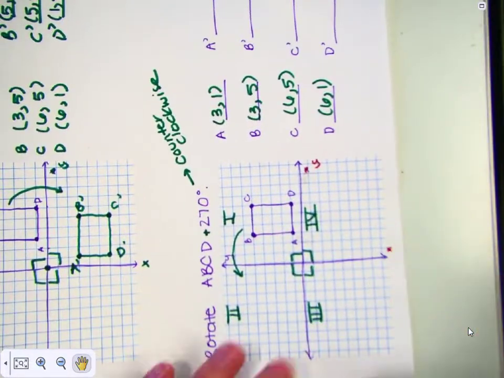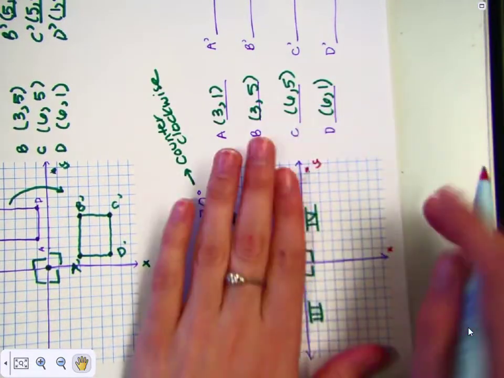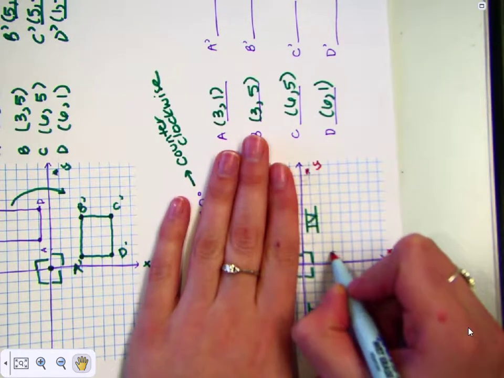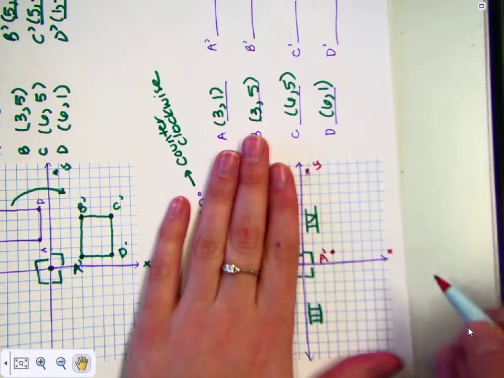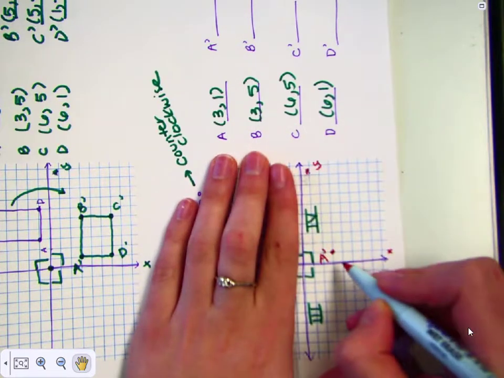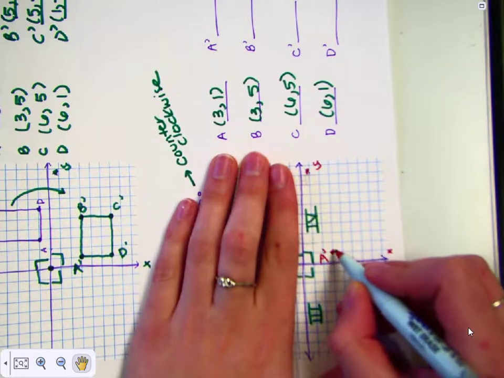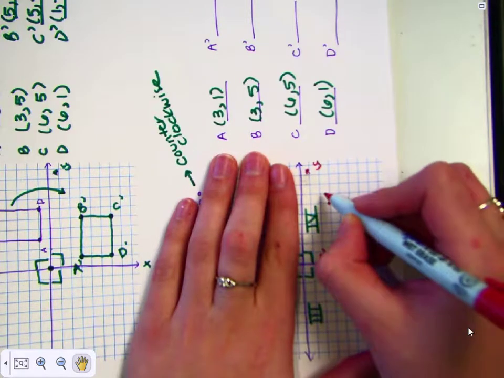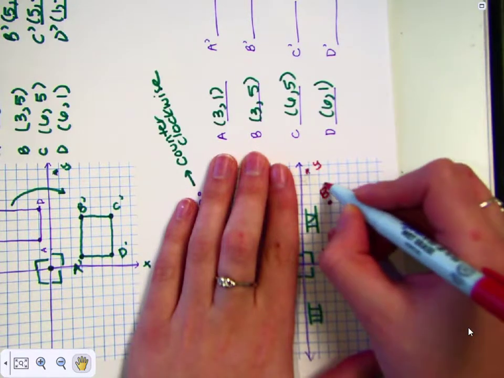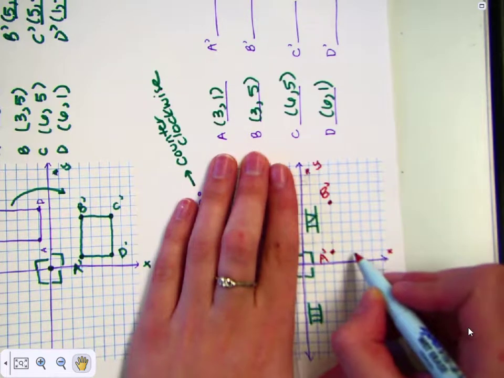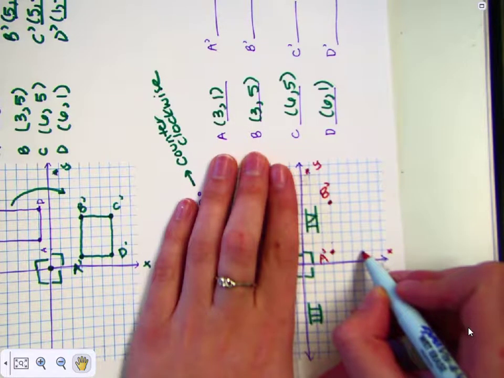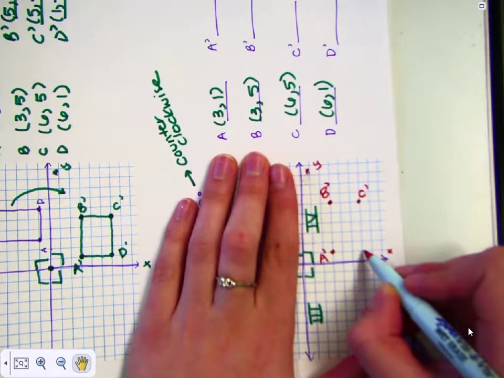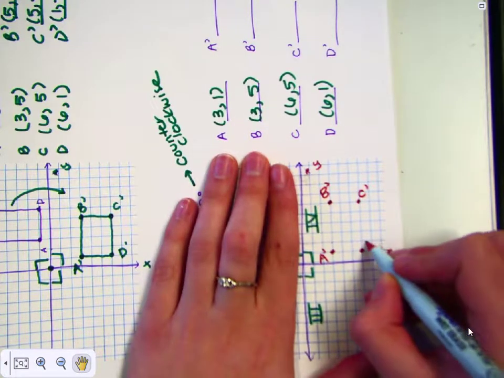And so now I'm just going to plot these points as if these were my x and y axes. So 3, 1 would be 3, 1. That's my A prime. B would be 3, 5. 1, 2, 3, 4, 5. C would be 1, 2, 3, 6, 5. And D would be 6, 1.